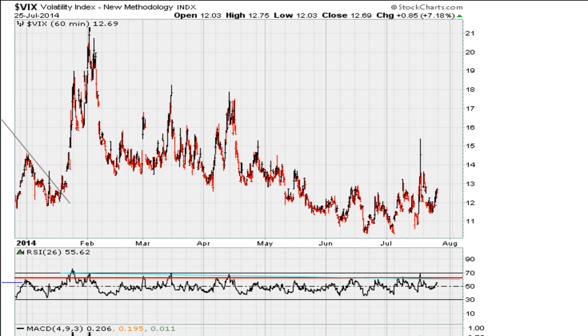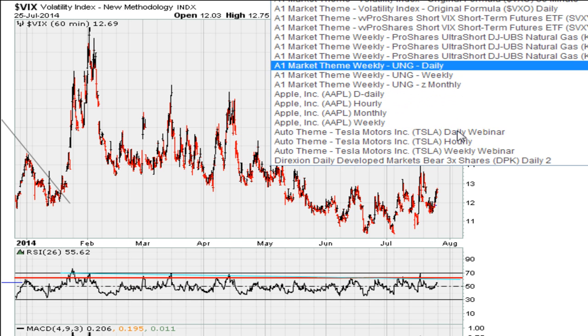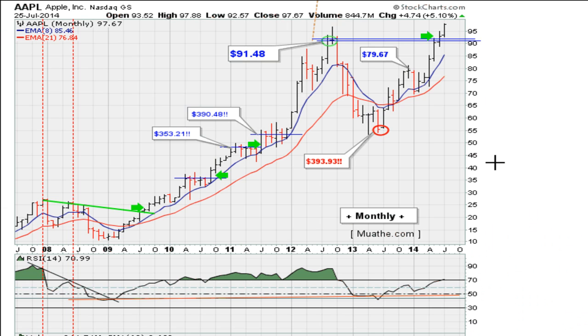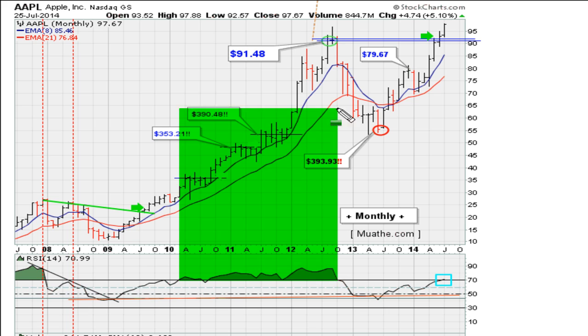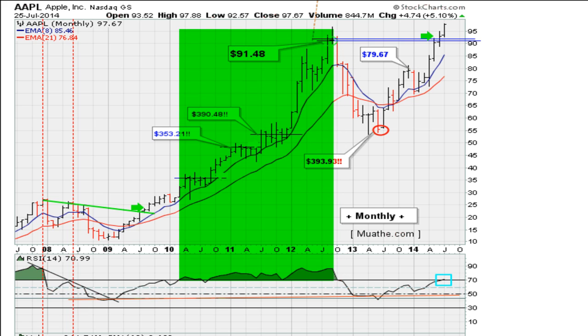bulls being in control. Now if you go back and take a look at the monthly for Apple, you can see that it's starting to pick up momentum. 5% gain this month so far. Why? Because the monthly RSI is moving above 69.10. The last time it did that was this period here, where it stayed above 69.10, and that is from a price of about $30 post split all the way to 90.